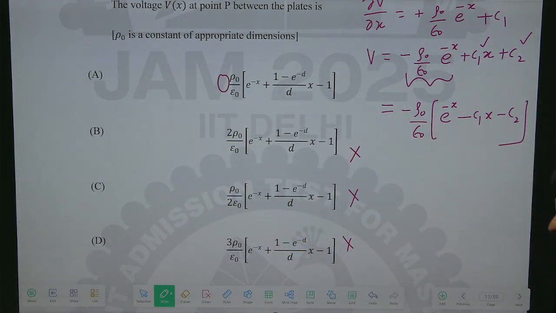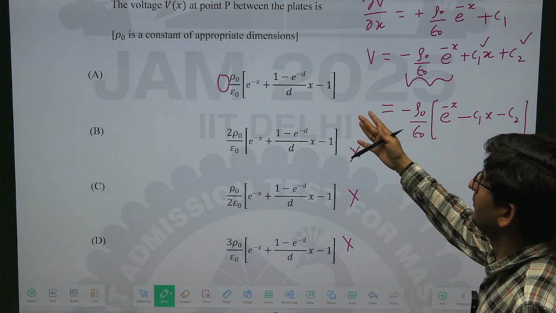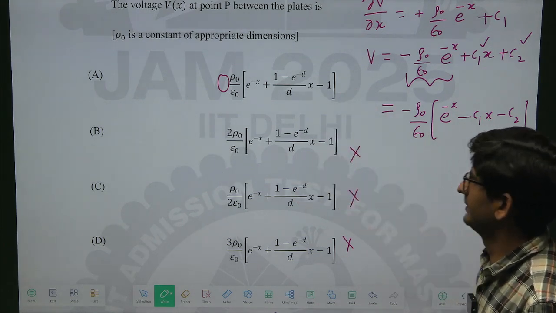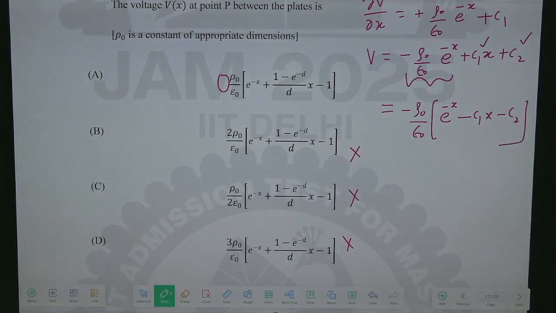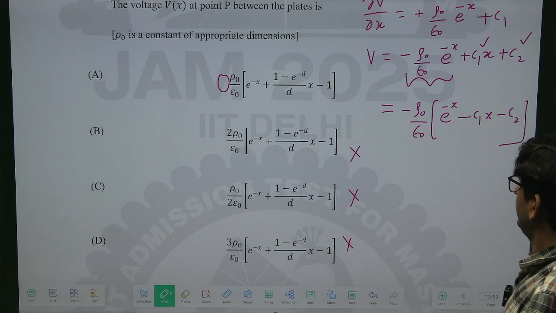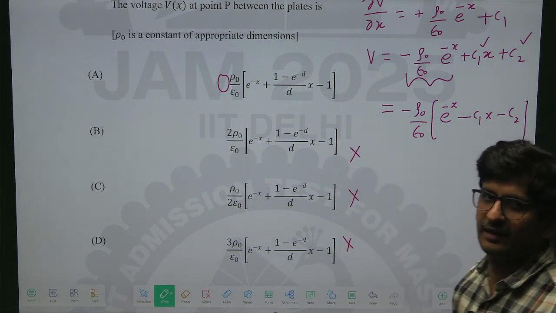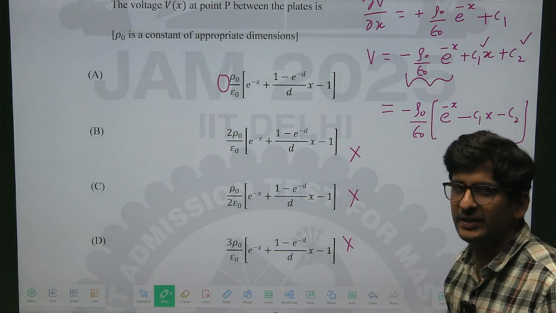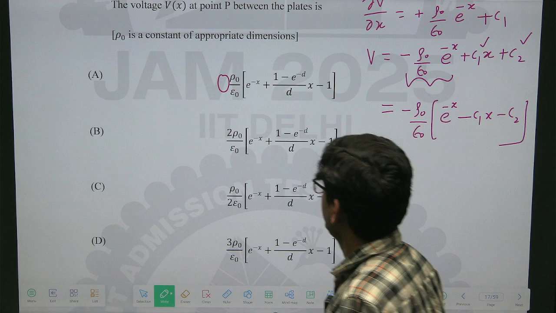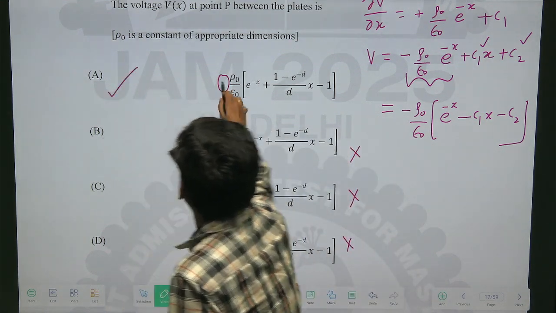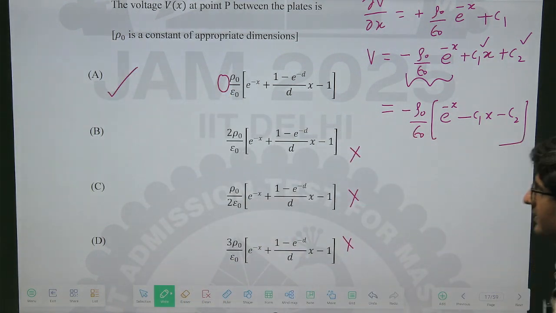I think they have made a mistake, because they have not said that V(x) is proportional to. Otherwise that was a correct option. If I just ignore that they are asking that the potential is proportional to, then answer A could be correct, otherwise they must have given a negative sign.